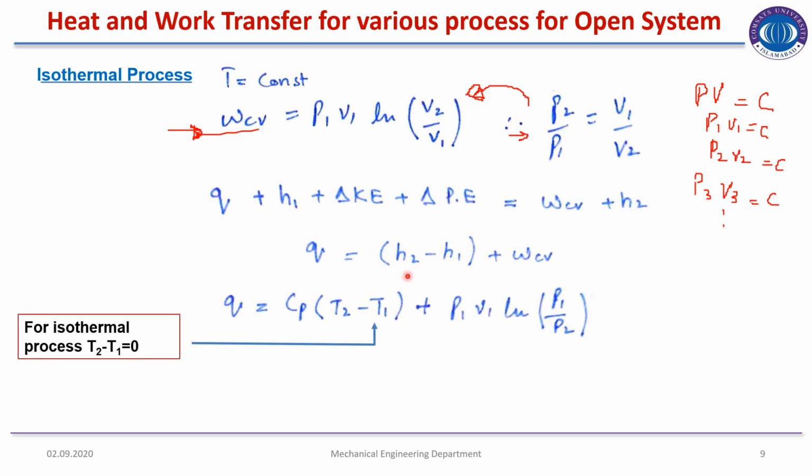We are converting the enthalpy relation into temperature. Q is equal to Cp T2 minus T1 plus the relation we found in the previous slide, the control volume work done for an open system for an isothermal process.